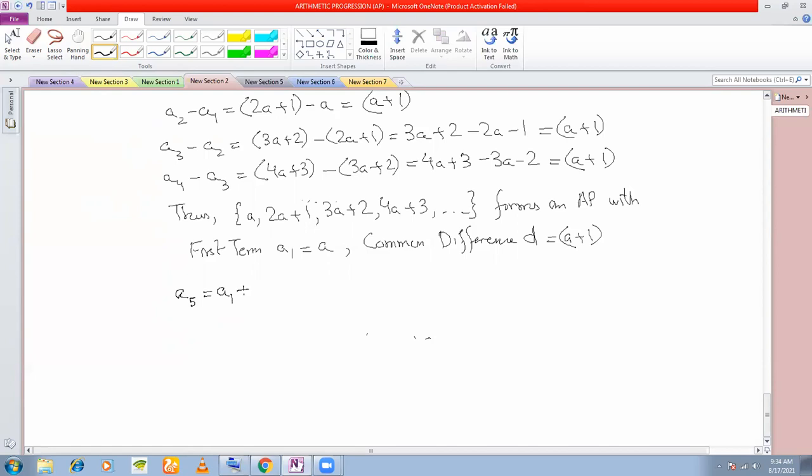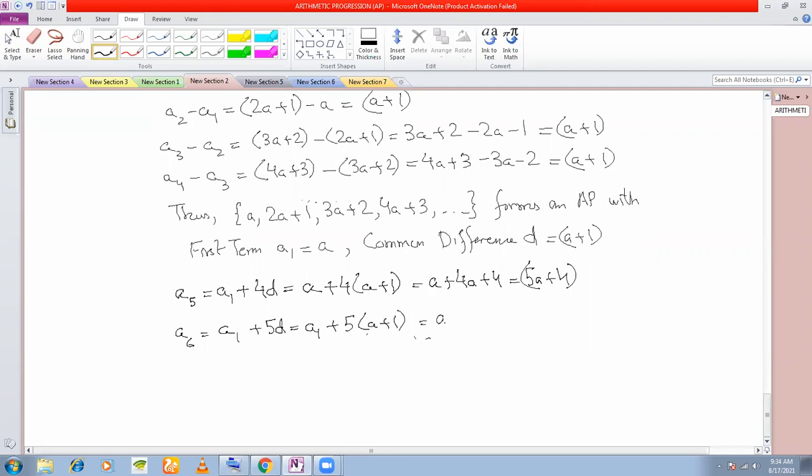A5 is A1 plus 4D. A1 is A and D is A plus 1. So this is A plus 4 times A plus 1, which is A plus 4A plus 4, equal to 5A plus 4. This is the fifth term. Sixth term, A1 plus 5D, A plus 5 times A plus 1, A plus 5A plus 5, which is equal to 6A plus 5.